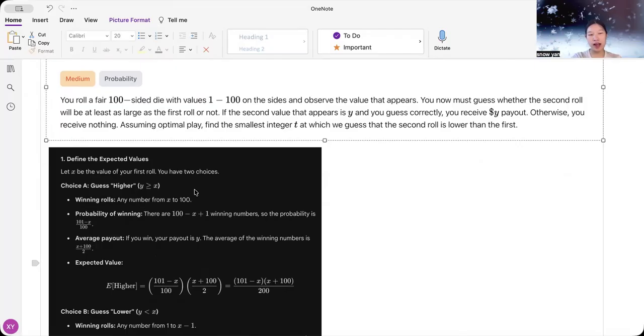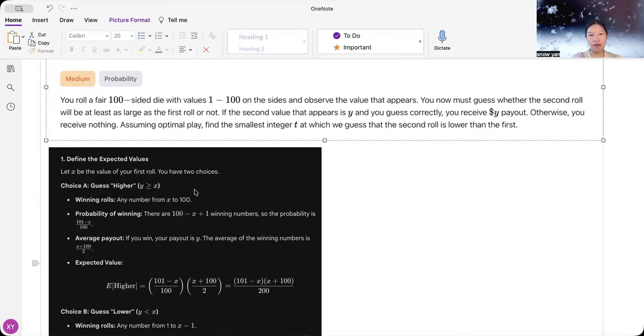So we're just going to let x be the value of our first roll. If we guess higher, that means y is greater than or equal to x. That means we can get any number from x to 100, so there are 100 minus x plus 1 winning numbers. The probability of that would be 101 minus x, divided by 100, since there are 100 numbers.